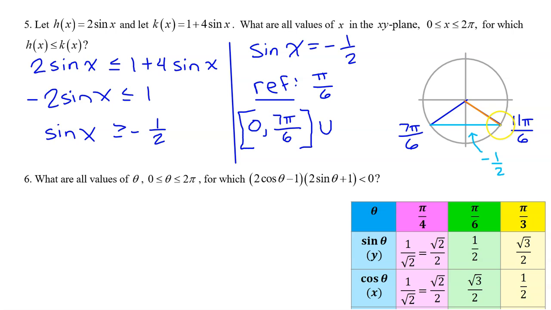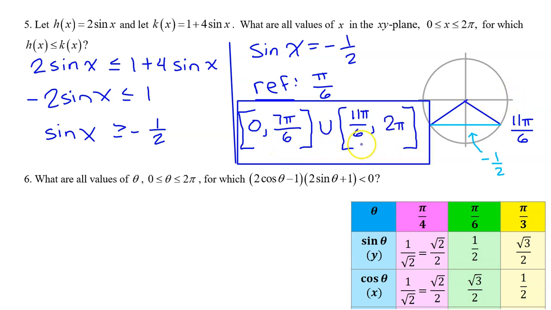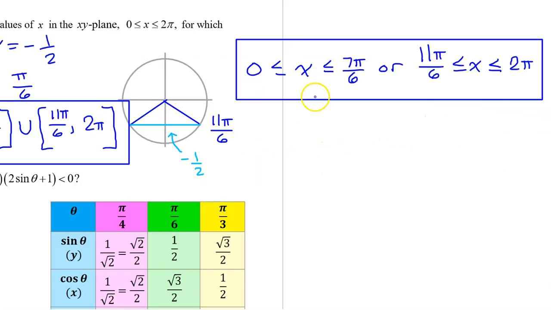So 11 pi over 6 is a solution, and we will continue to have solutions between 11 pi over 6 and 2 pi, including 2 pi. So from 11 pi over 6 to 2 pi, the vertical displacement, or the y value, is above negative 1/2. So these will be the remaining solutions. Here is the solution in interval notation, and here's the solution written as an inequality.